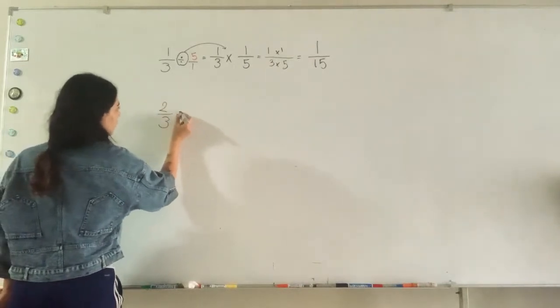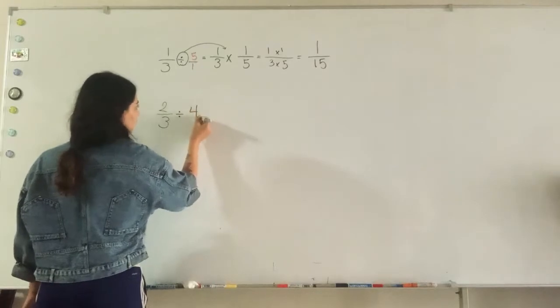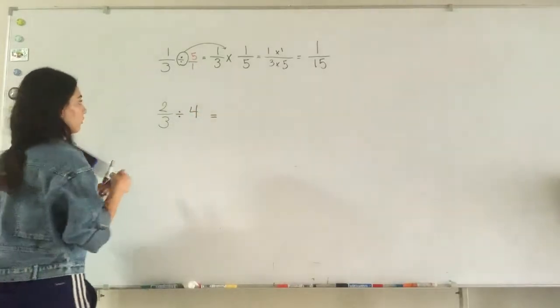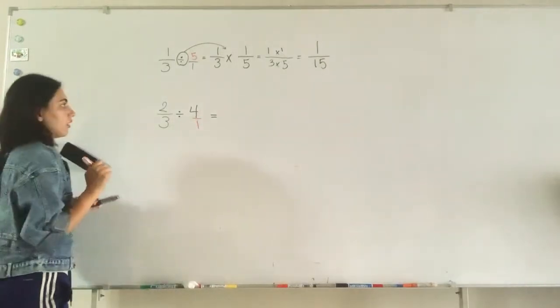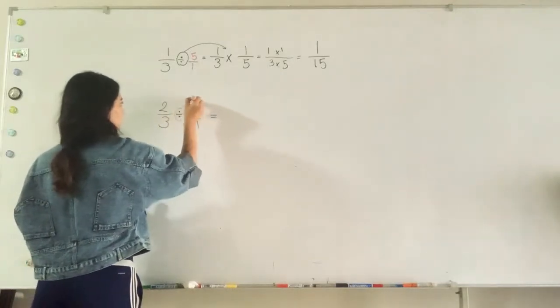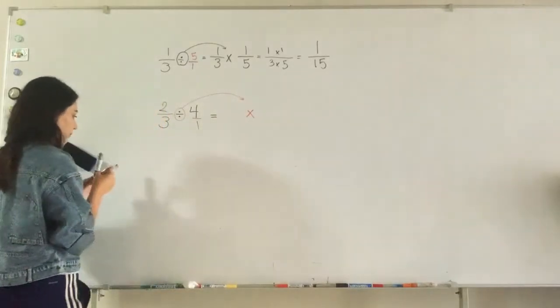2/3 divided by, let's say, 4. Okay? So the first thing I do, I give my denominator as 1. Then I have to change this to multiplication.